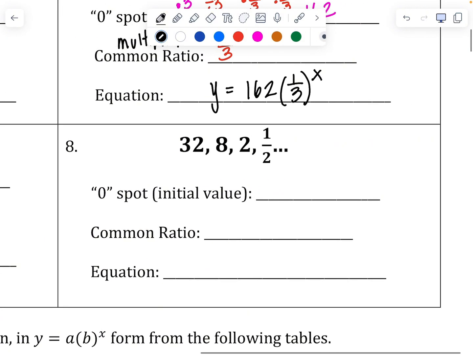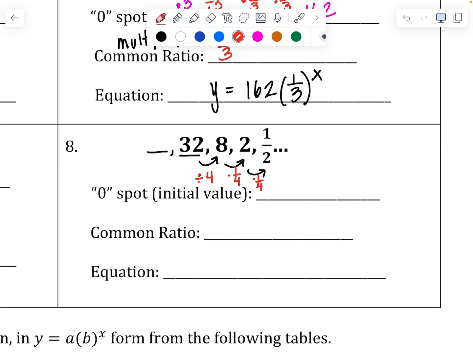Let's go ahead and do number 8. All right. Can I get Charlotte? Tell me what the pattern is for number 8. Multiplying by 1 over 4. Oh, dividing by 4 or multiplying by 1 over 4. I like that.